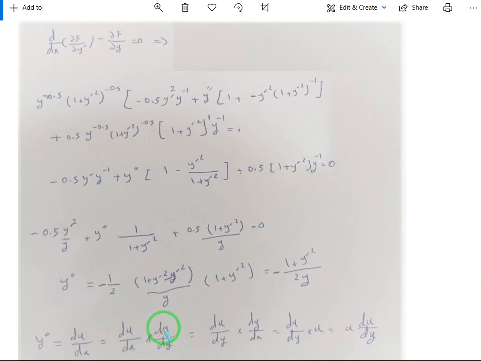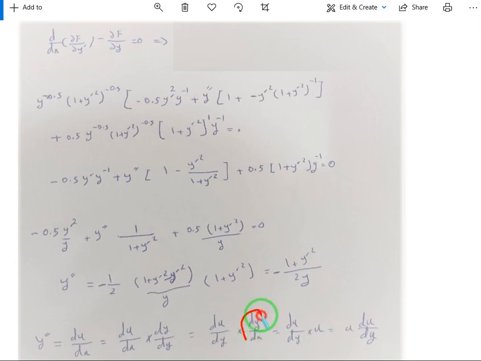We can multiply and divide this equation by dy and swap the position of dy and dx with each other. So y double dash is equal to the differentiation of u with respect to y multiplied by dy over dx.